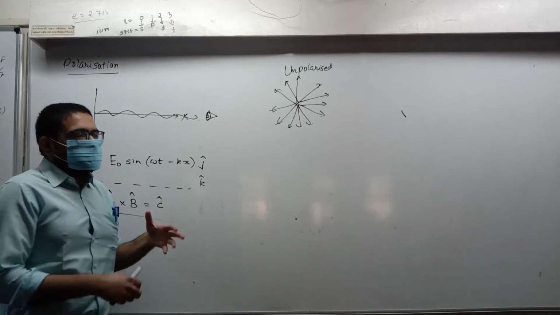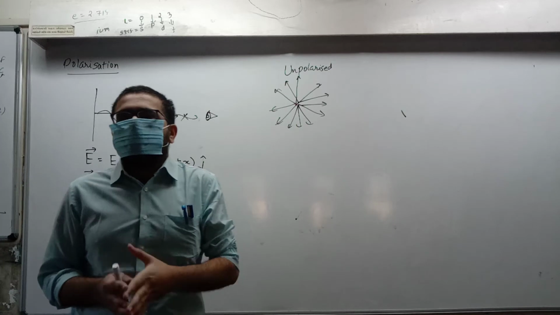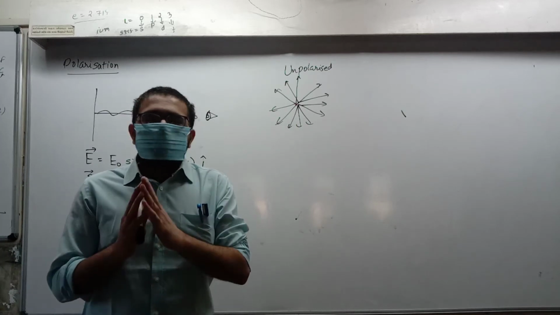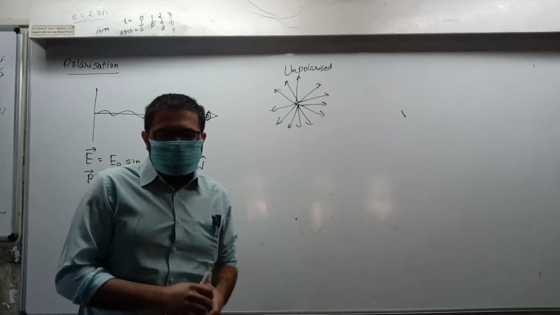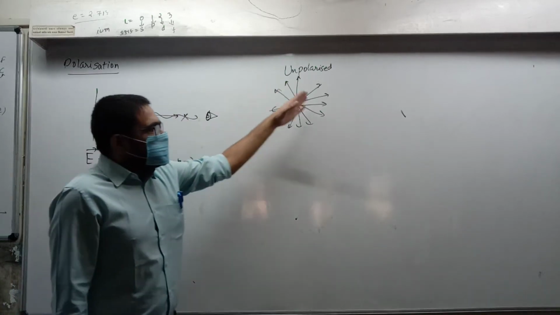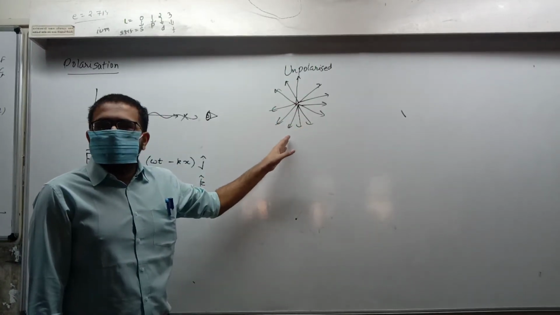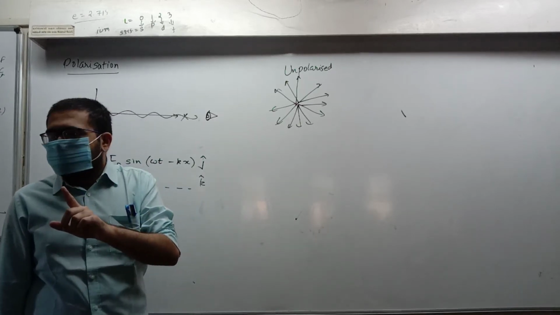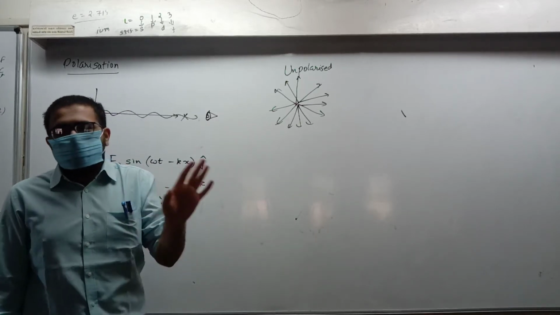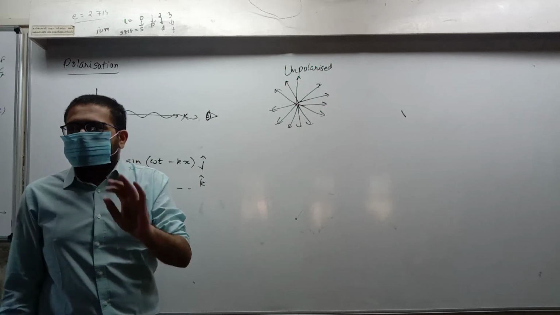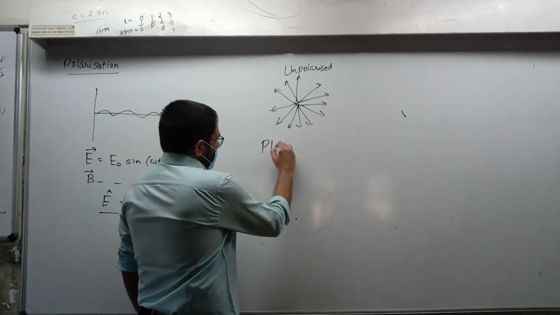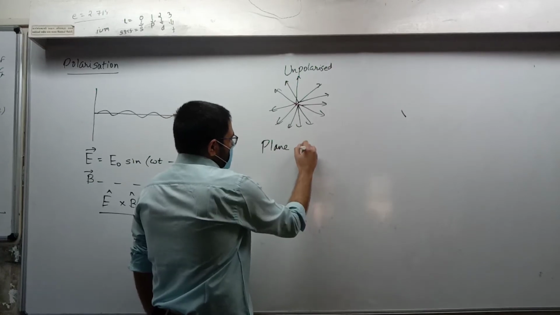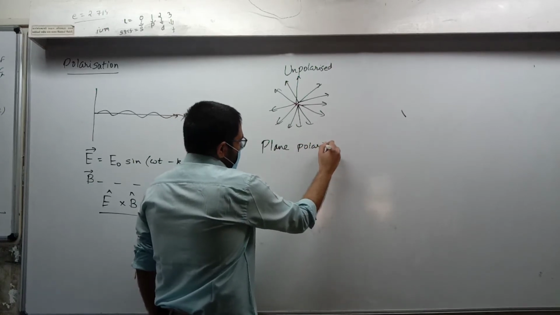Okay, there are some substances, some chemicals, some materials that convert unpolarized light into polarized light. So what is polarized light? It is light in only one direction. There are actually different kinds of polarization, but the most basic or simplest kind of polarization is called plane polarization or linear polarization. Okay, so don't worry about all the different names.